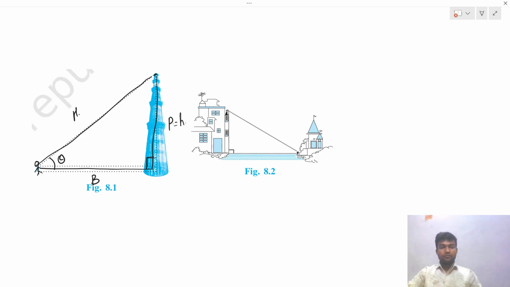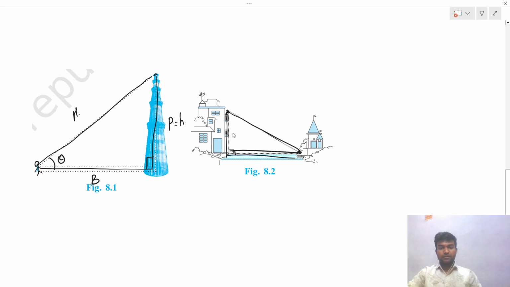Okay, we can also see this example. Let's say a girl is watching a flower pot which is located at a temple. The flower pot we can assume as a point, and this is a 90 degree angle. Okay, so this is the river bank, so here also is a right angle triangle.